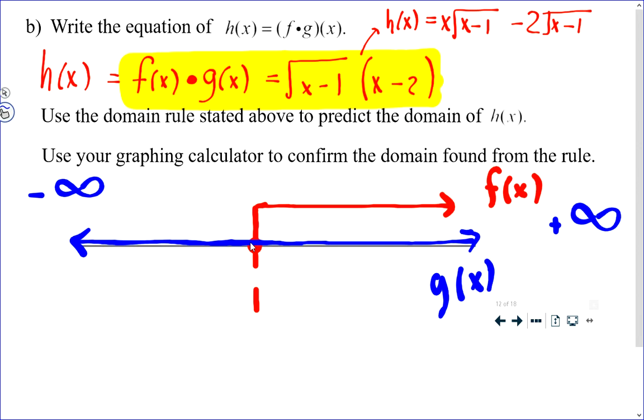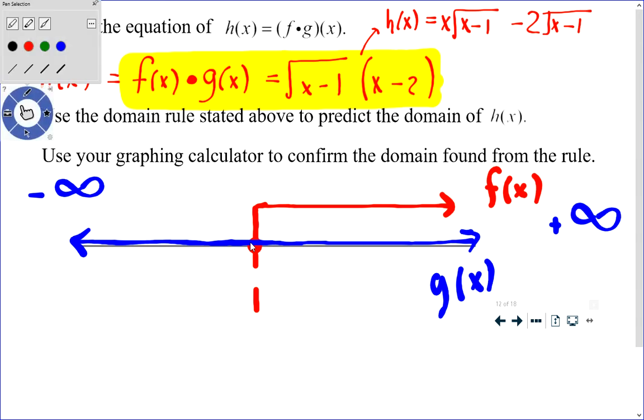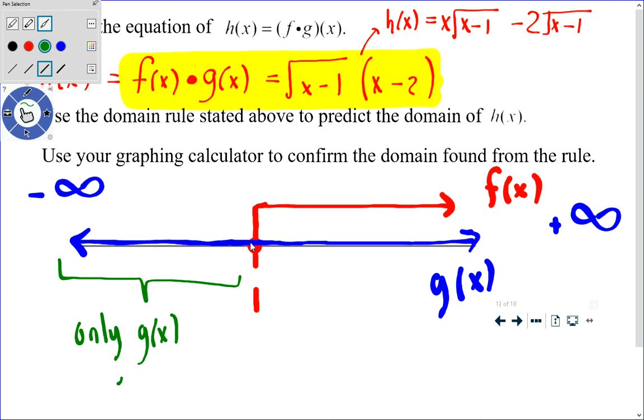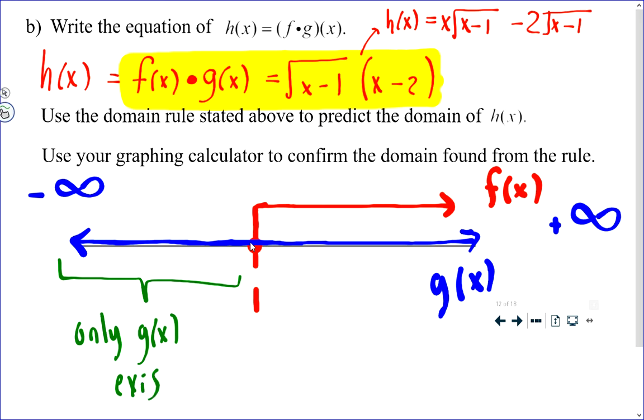Well, where do these two domains overlap? Because it's the place that they overlap that will be common. When you look in this region over here, only g of x exists. Which means there's no way that in that region to the left you'd be able to multiply f of x and g of x.